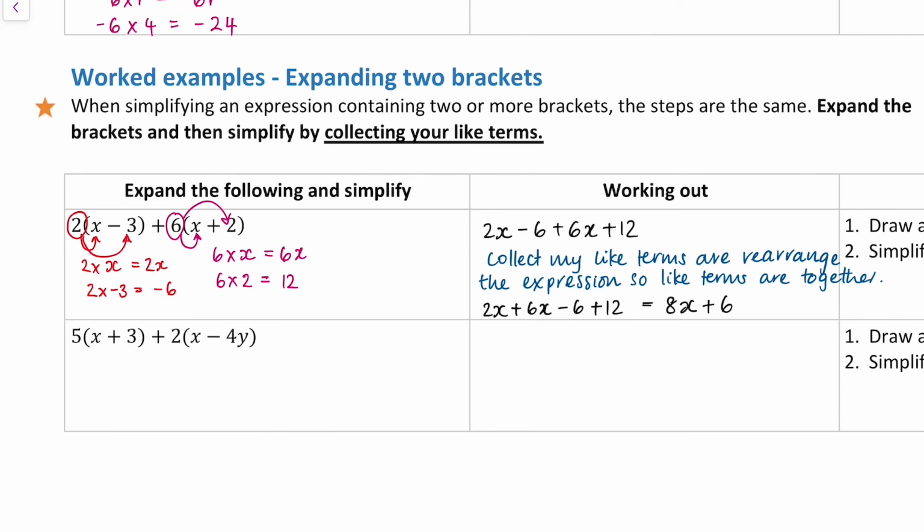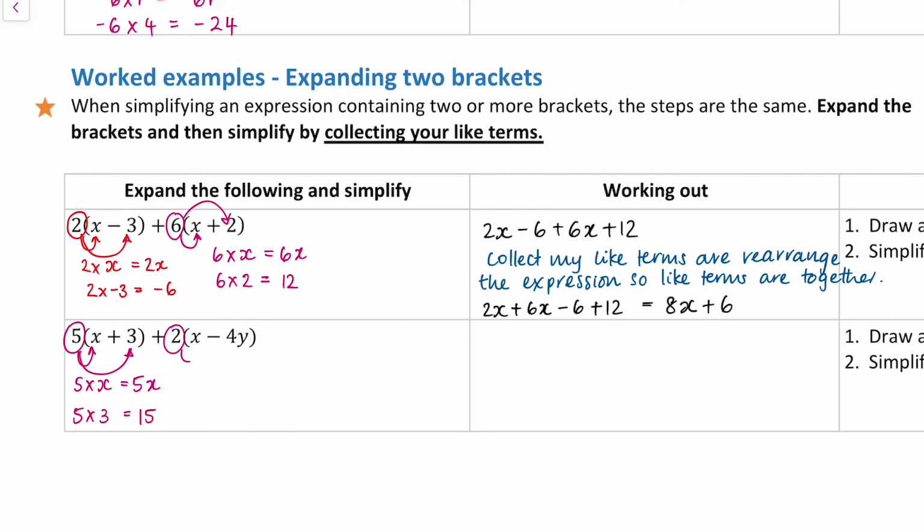All right, so lucky last, again, we have another expression with two brackets. So I'm going to expand my brackets first. So we've got 5 times x for 5x, then 5 times positive 3, which will give me 15.